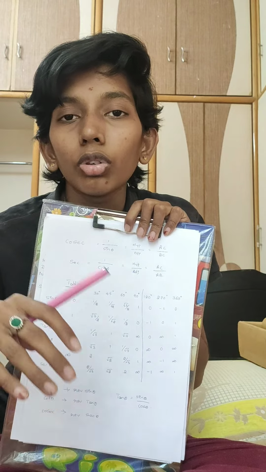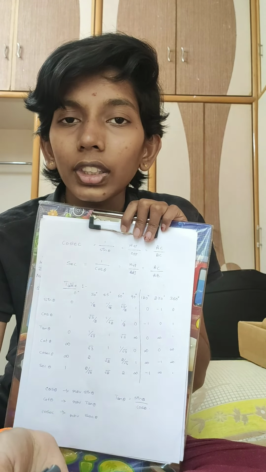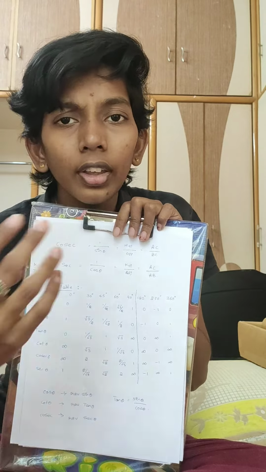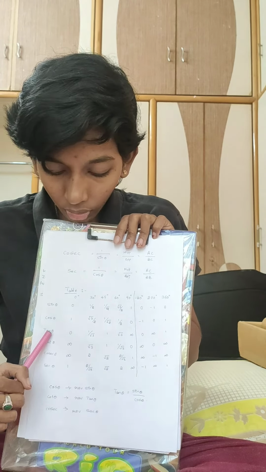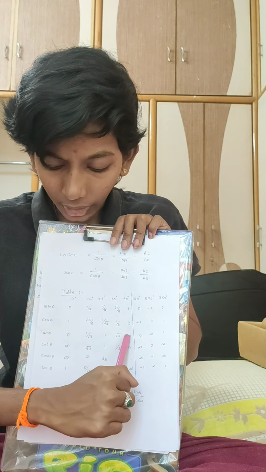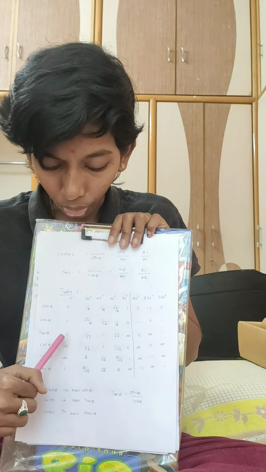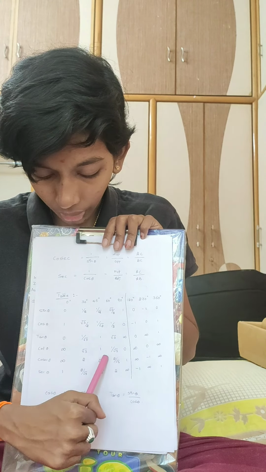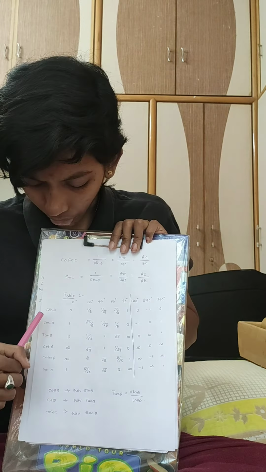Tan 90 would be my cot 0. Tan 60 would be my cot 30. Remaining 45 would be the same. Now here you see tan 90 value is what? Infinity. So that infinity comes to cot 0. Now again tan 60 is 1 by 2, and here my, what is it?